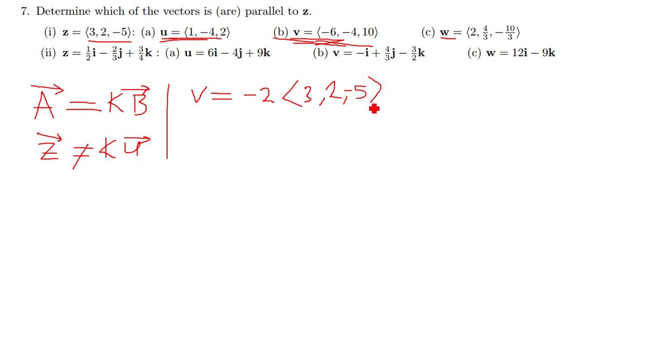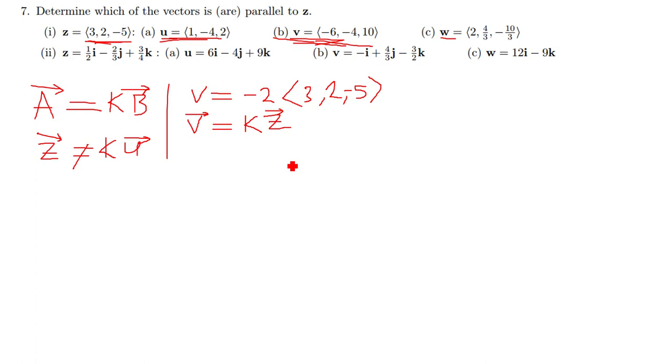So when you look at what is in the brackets here, this is just the same as z. So in other words, v is just equal to k times z. Hence, v is parallel to z. So that is how you deal with parallel vectors.